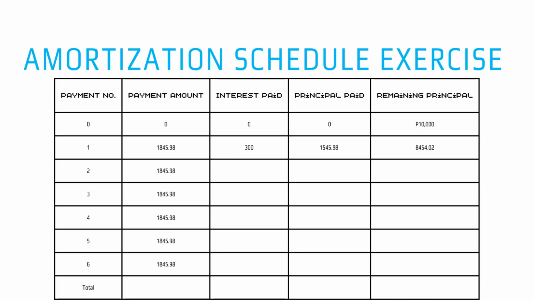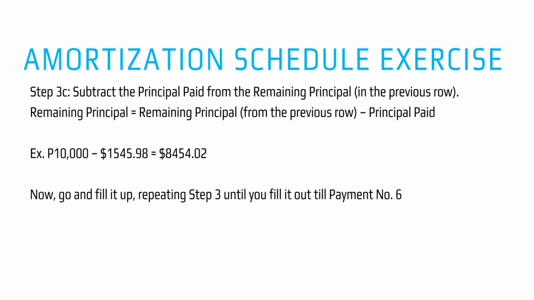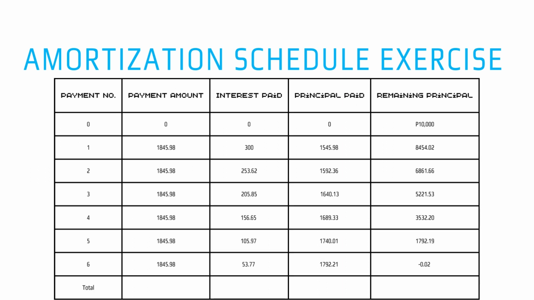Now, as we can see, we have now completed payment number 1. Now, go and fill it up, repeating step 3 until you fill it out till payment 6. It will look something like this.